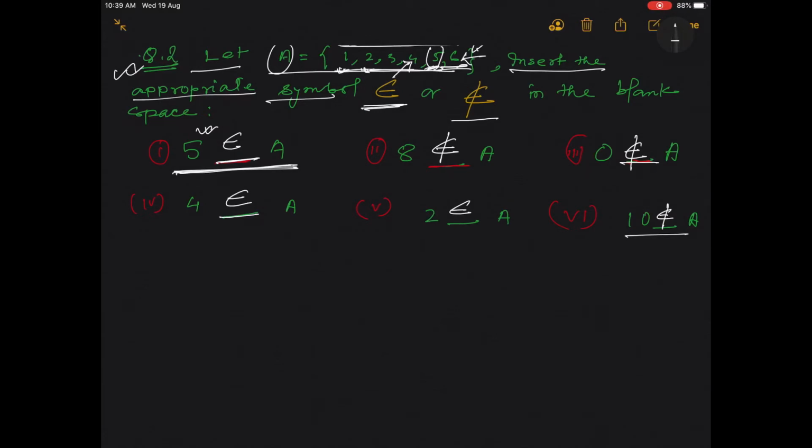So that is how we can solve question number 2. Hope you have understood.